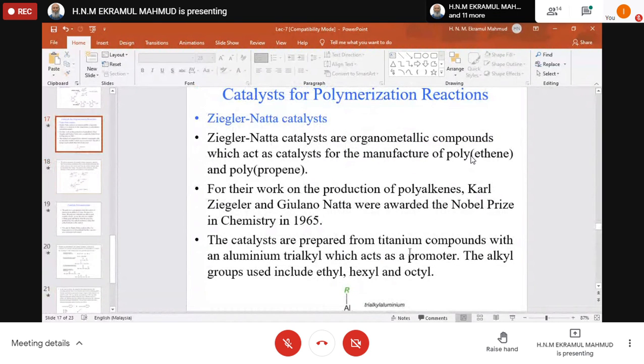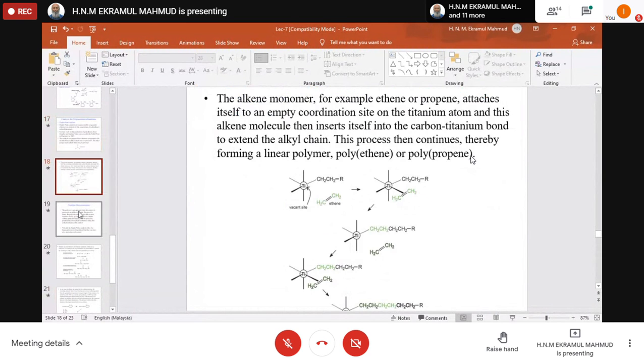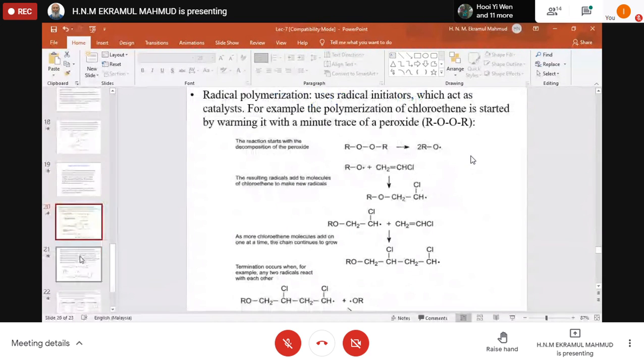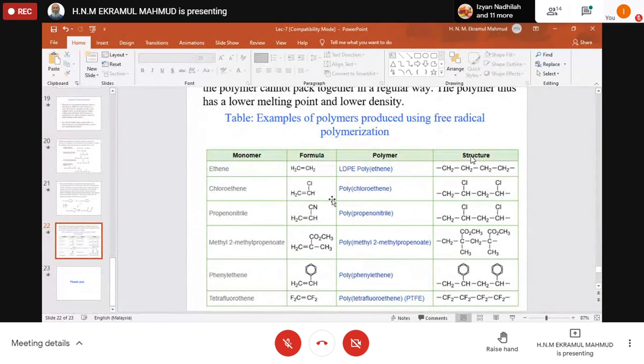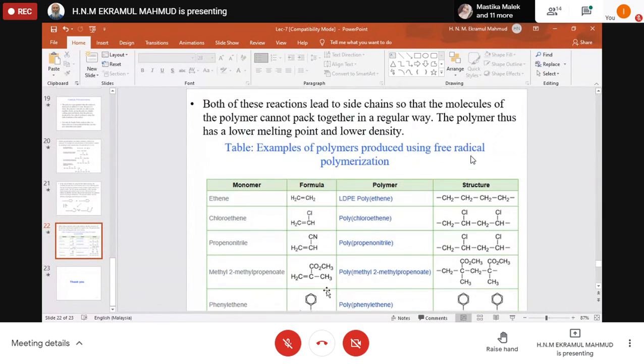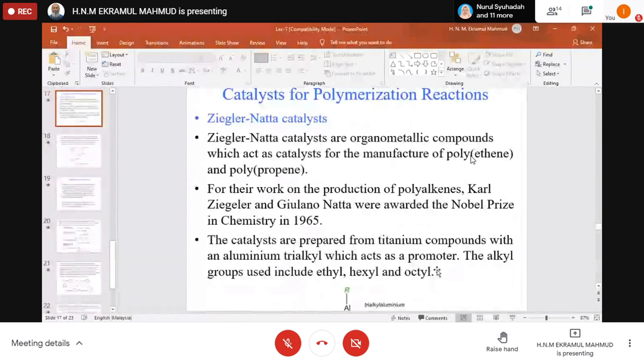Ziegler-Natta catalyst, later we'll continue from here. Polymerization. These are the polymers formed from the monomer in the presence of the catalysts. Thank you very much.